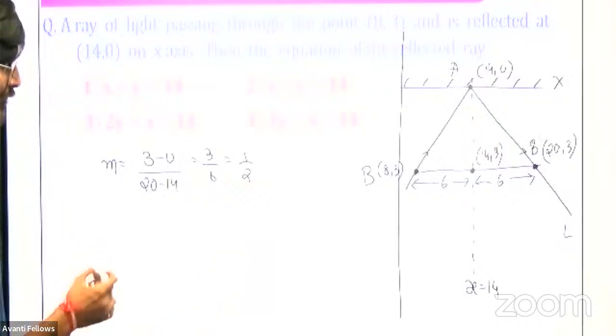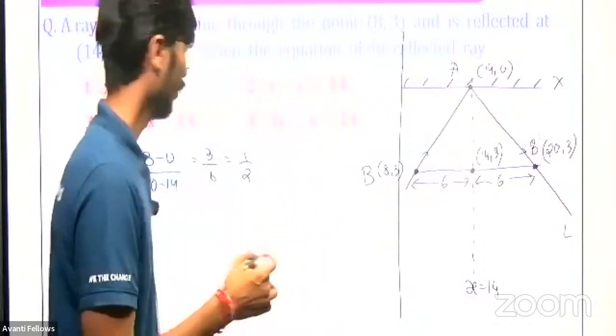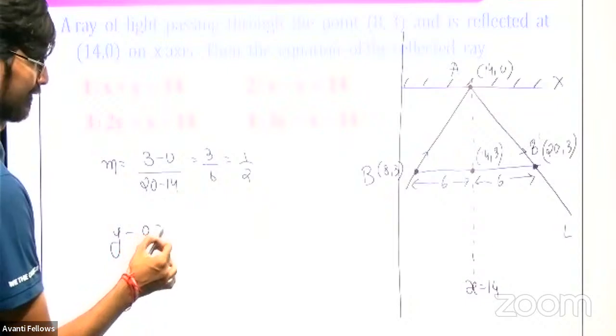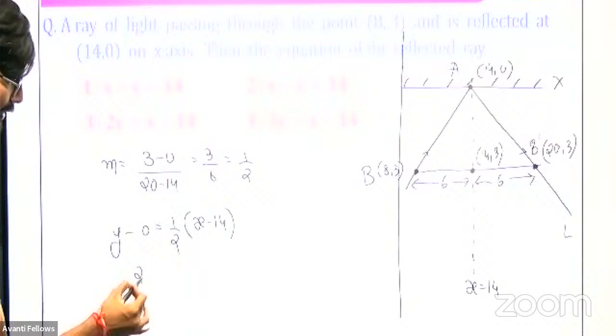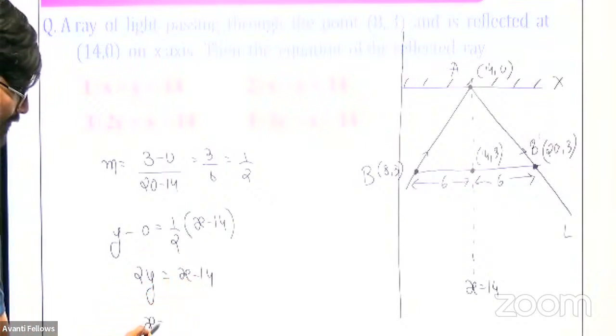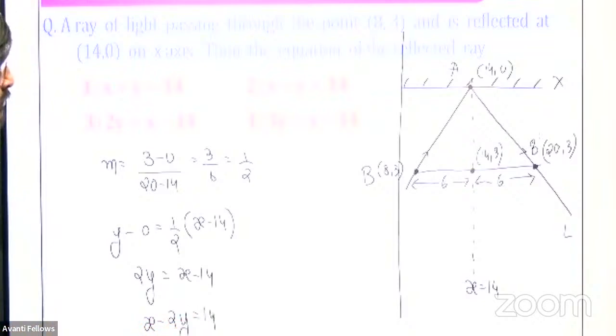So we got the slope. What is the point? This is the point. So the equation in slope point form is y minus y1 equals m times (x minus x1). If I cross multiply, I get 2y equals x minus 14. Let's take everything on the left hand side. So x minus 2y equals 14.